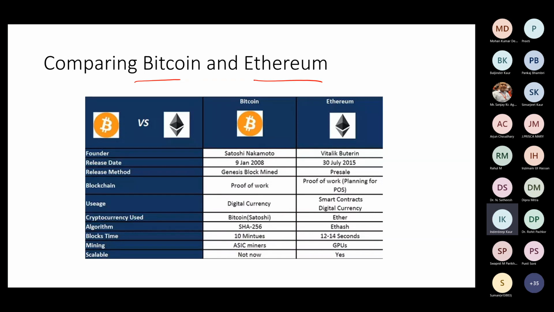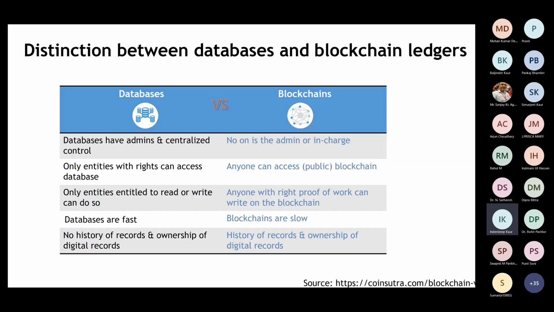For example, the hash algorithm used in Bitcoin is SHA-256, and here we have the Ethash algorithm. Here we have 10 minutes for any new block to be added, and here 12 to 14 seconds is used for adding a new block into the blockchain, and there are certain other parameters as well.